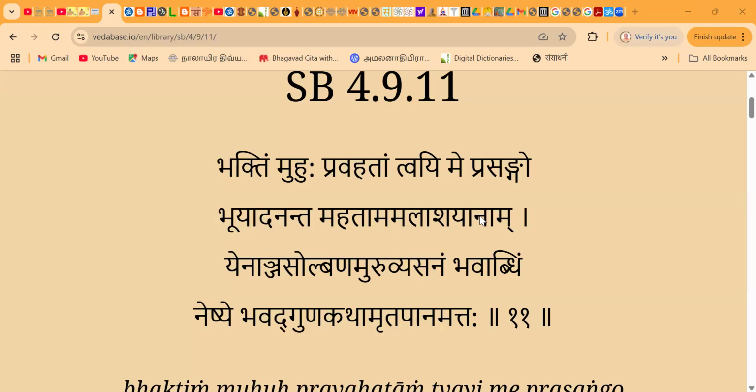By association with your devotees, I will become intoxicated from drinking the nectar of Krishna Katha, and by that I shall easily cross the material existence full of terrible suffering. So, in this way, Dhruva Maharaj in this verse is praying for the association of great devotees with pure hearts who perform bhakti to you. We will discuss more the purport in the next class.